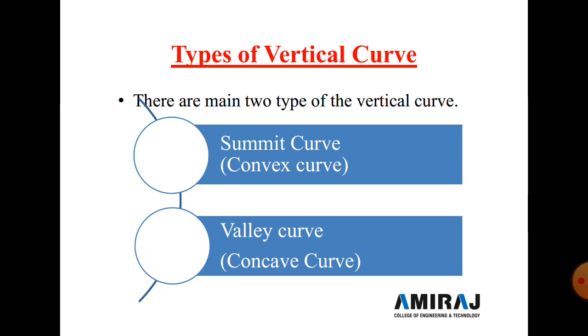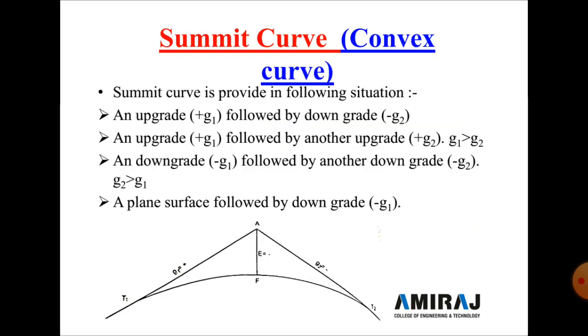Now the types of the vertical curve. There are two main types. The first one is the summit curve, also called a convex curve, and the second is the valley curve, a concave curve. What is a summit curve? It's a convex curve, and this type of curve goes in an upward direction.